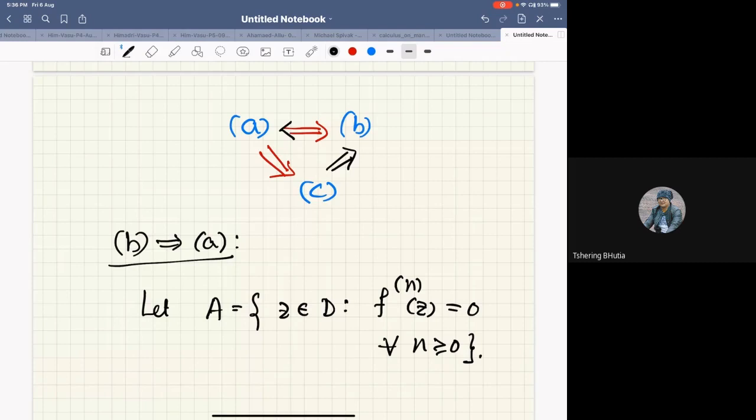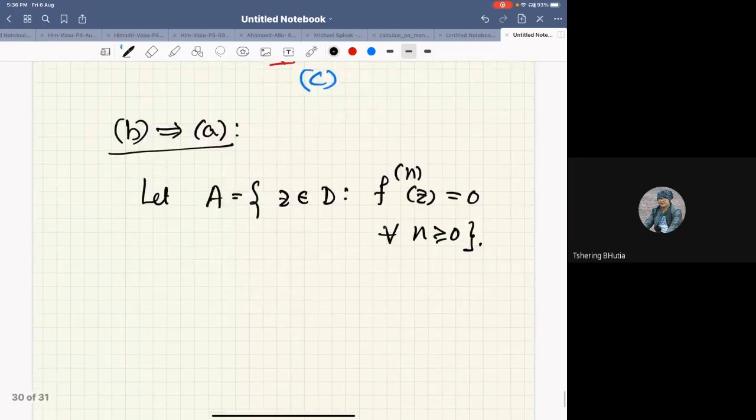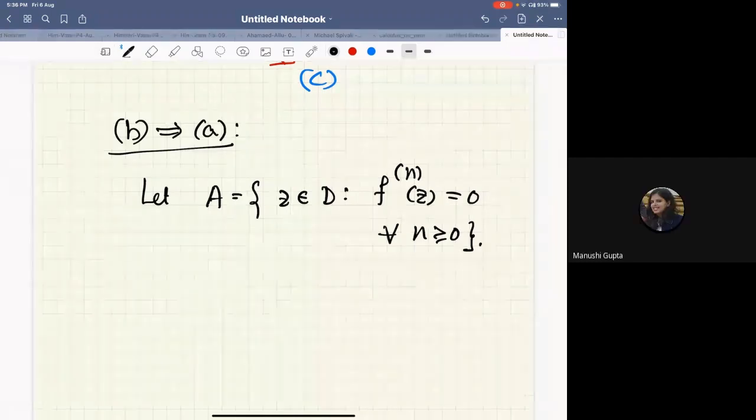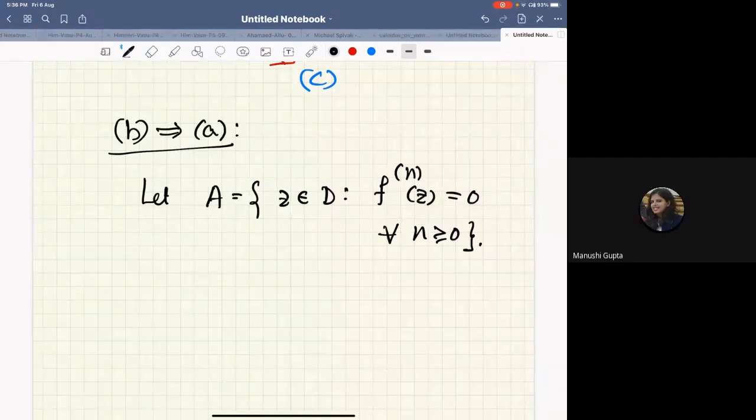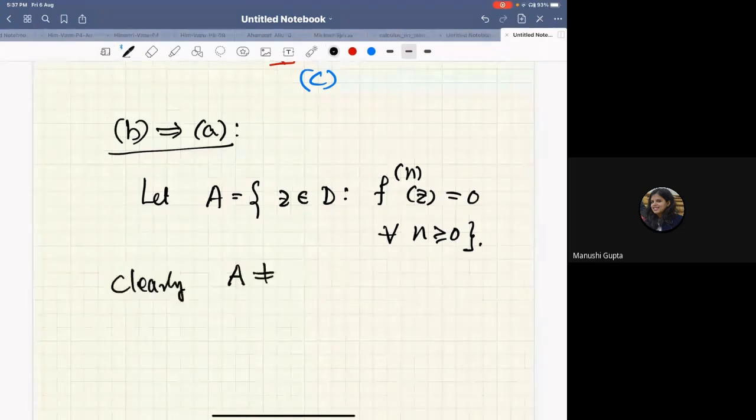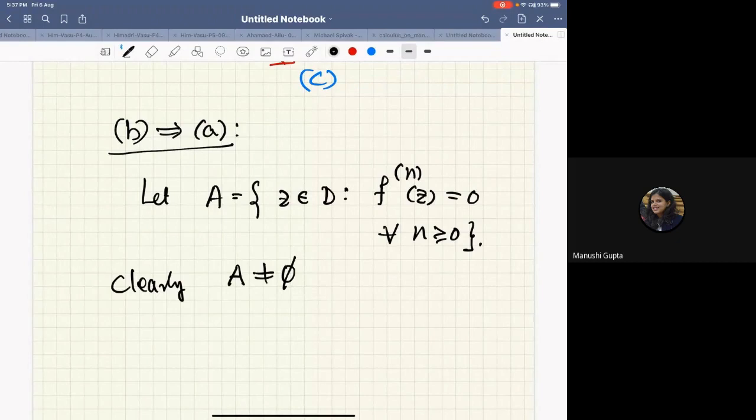What is my claim? Clearly A is a non-empty set. Why? The hypothesis B says that.